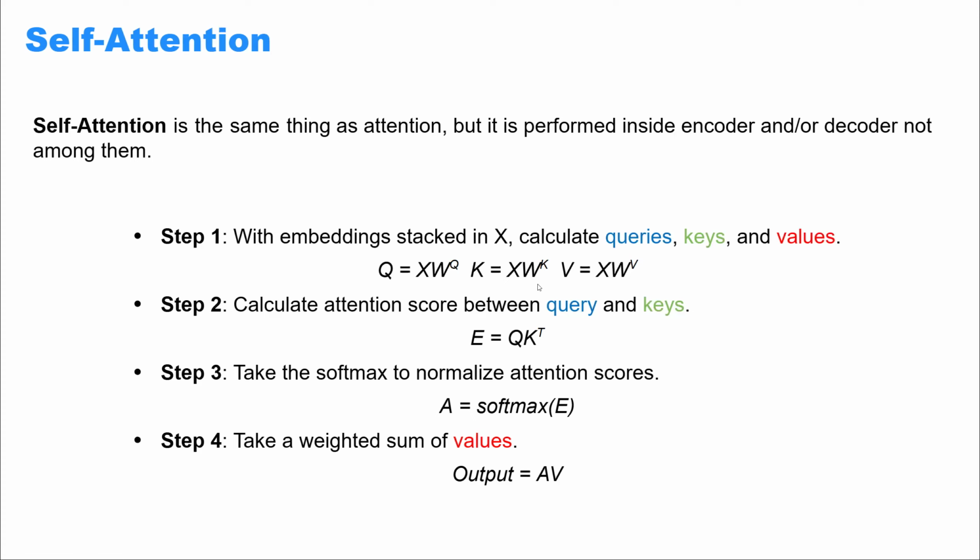Now, keys and queries are based on X, which is basically our standard embeddings, multiplied by some random matrices that we don't really care about. But if you expand E equals Q times K transpose, putting the definitions of Q and K into the equation, you will see that the entire equation looks like X times some matrix times X transposed. You can write it out on paper.